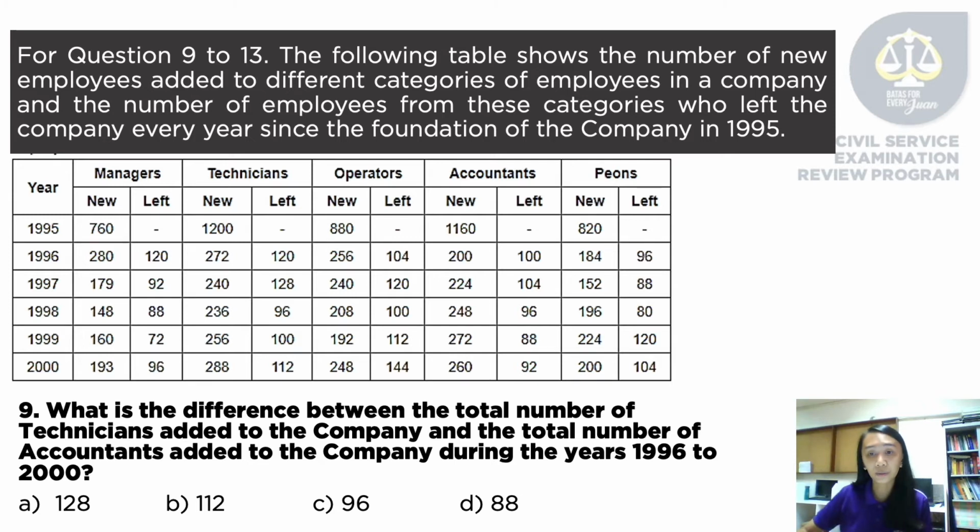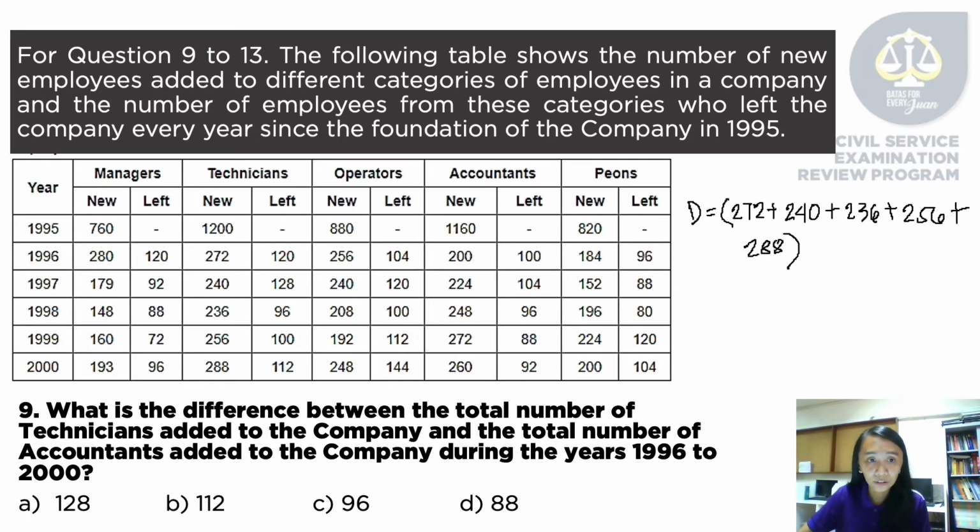Okay, let's do it. So I have, okay, this is for my technicians. Okay, so the difference is equal to, okay, I have 272 plus 240 plus 236 plus 256 plus 288.